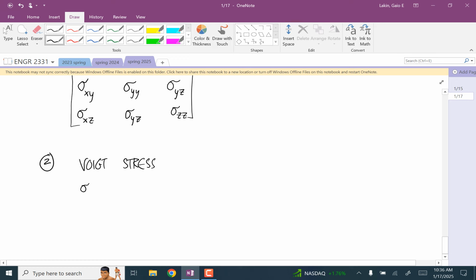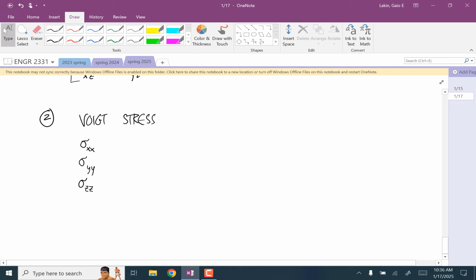So sigma xx, sigma yy, sigma zz. And then I think anybody who picked the order of the shear stresses would do it in the same order. So of course they do the exact opposite order.